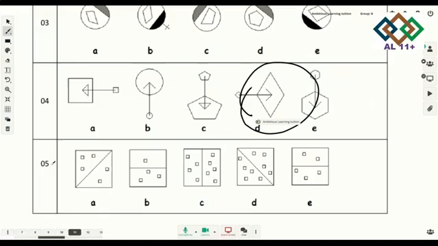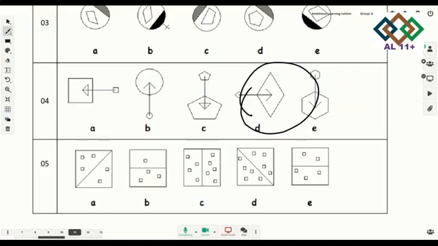That was easy. In number 5 now, what's happening? The only one with a difference in numbers between the two groups of shapes is not 1. If you look at this, it is B. So basically they are saying the only one which is different in numbers between the two groups of shapes.